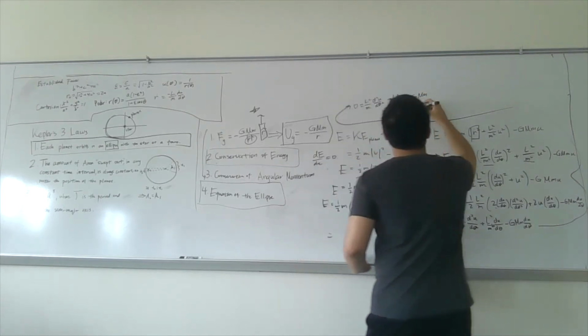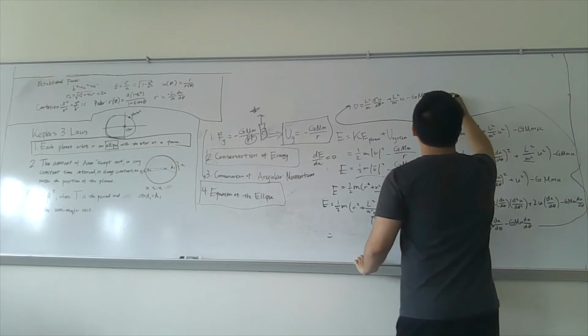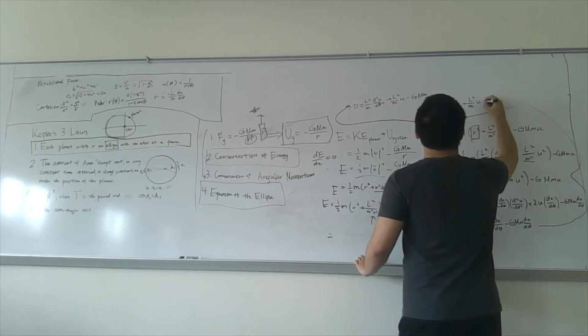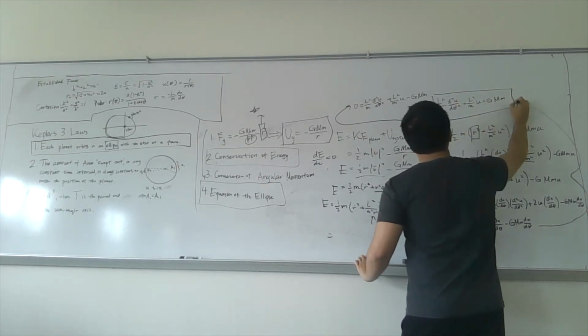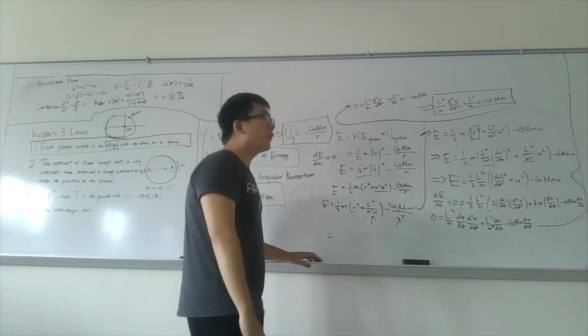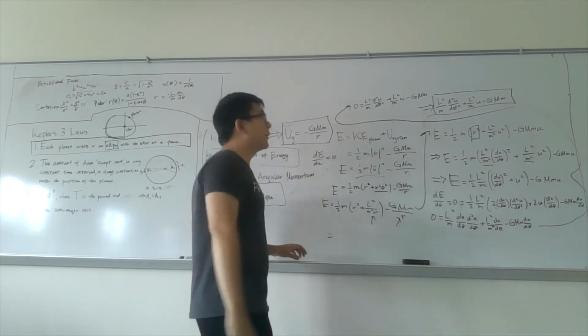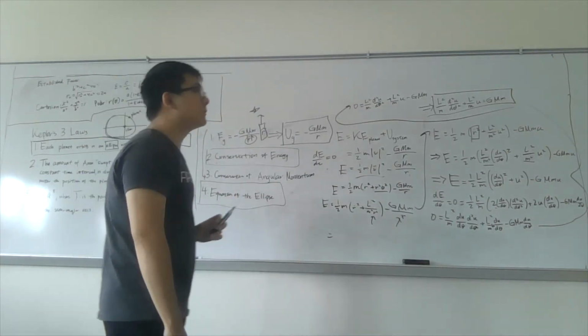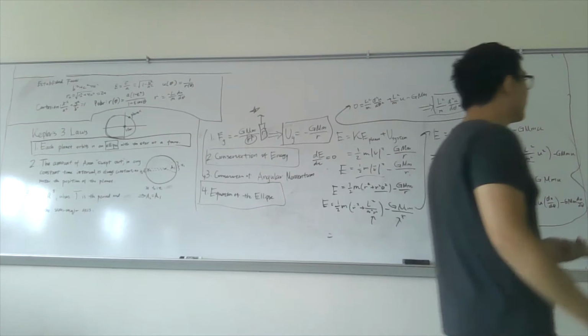You can rewrite this as, so this square should not be here. Now you would notice that this equation is nowhere near the form of the equation for the ellipse in polar coordinates.